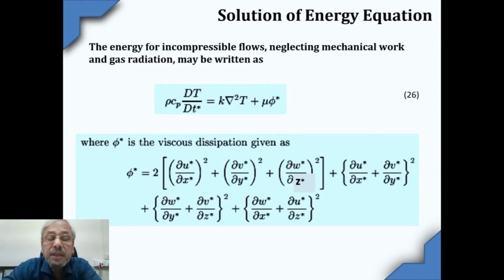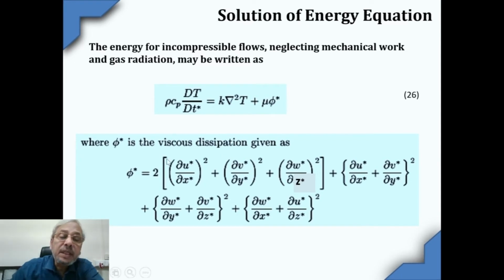Star quantities are dimensional quantities. Usually star quantities are non-dimensional quantities. We have taken star quantities as dimensional quantities so that after non-dimensionalization we get usual terms as non-dimensional terms.